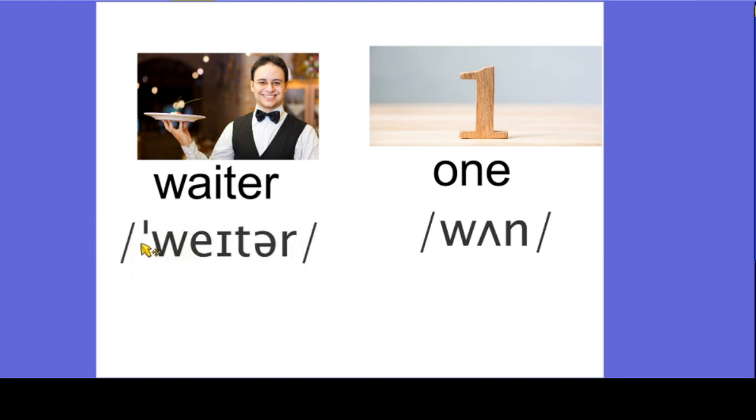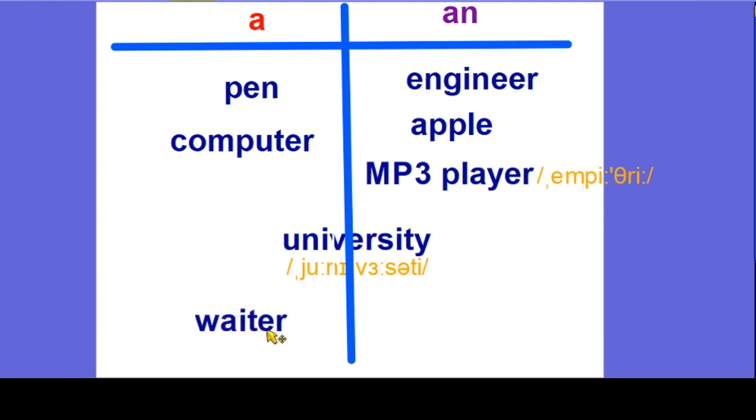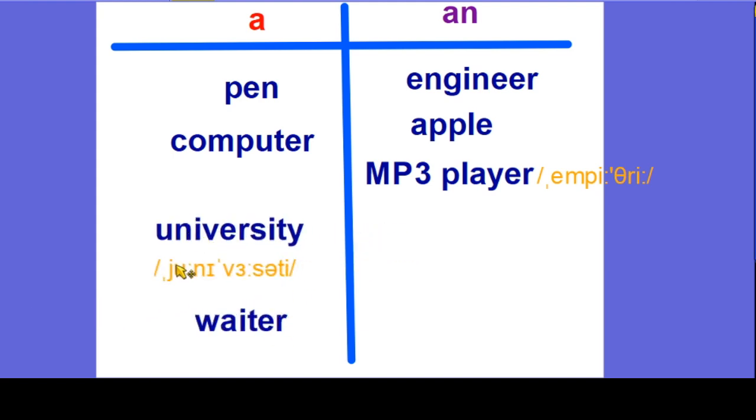So you see, it looks like a vowel. It looks like two vowels in a sequence. "Wa." But it is made very fast. And in English, it's treated as a consonant because you will say "a waiter," "a university" as well.